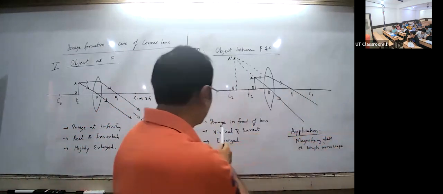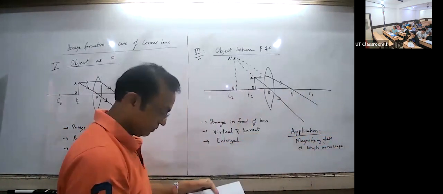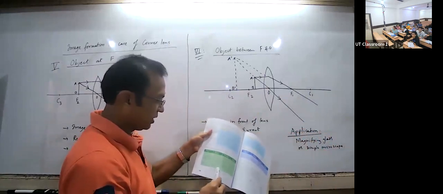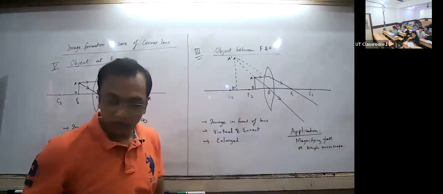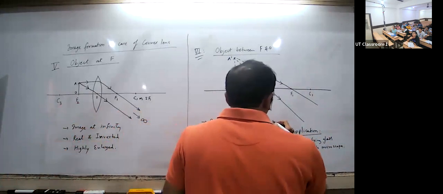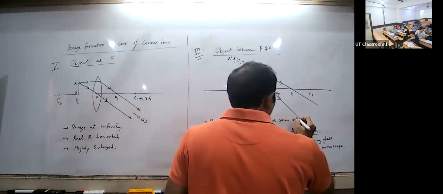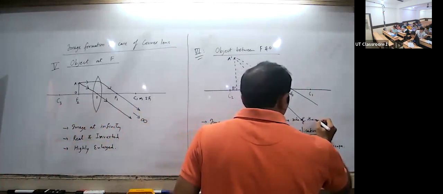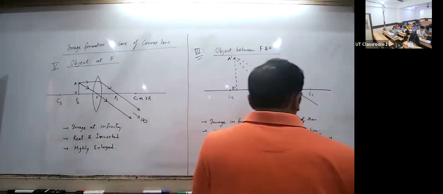That's why it is mentioned in front of the lens. It is written on the same side of the lens as the object. Okay, you can write either in front of the lens or same side of the lens as the object.